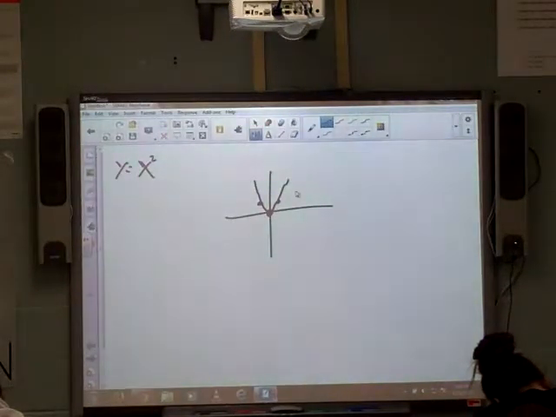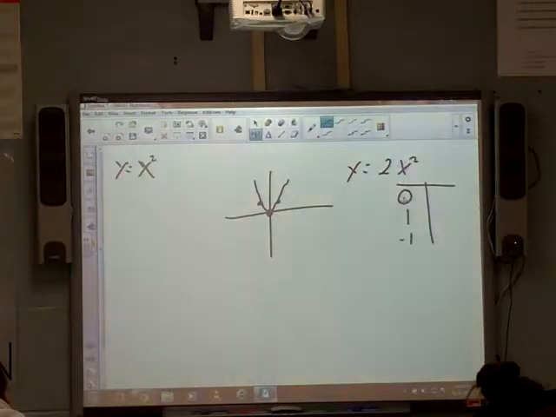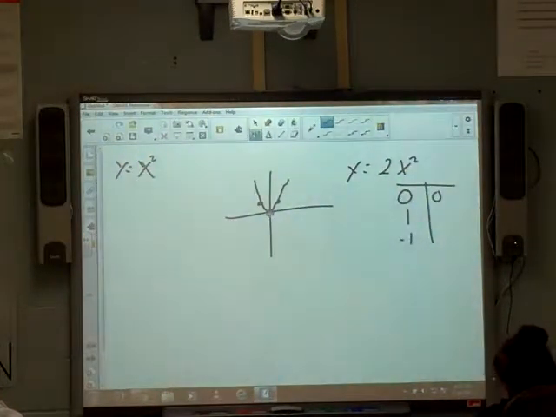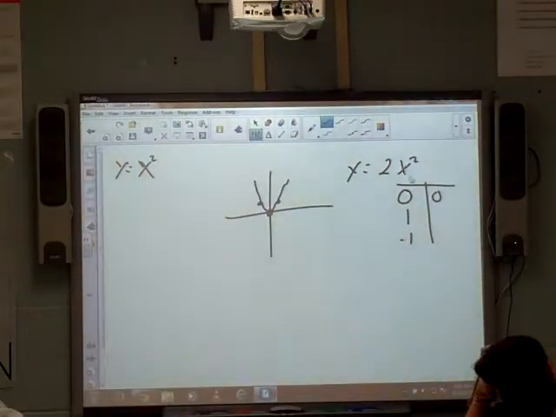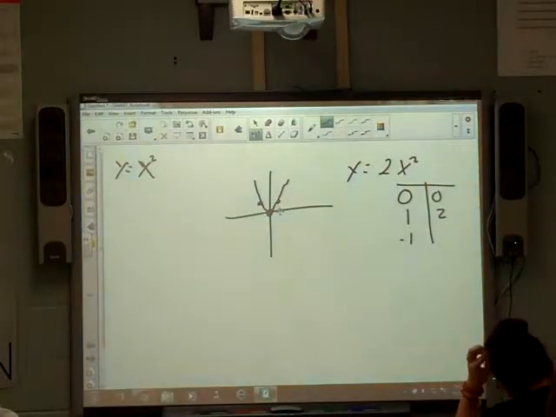Then it says to graph the function they gave you, which was 2x squared. G of x or f of x or whatever, I'm just going to put y. If I plug a 0 in, 0 squared times 2 is 0, so I still have that point at 0, 0, but now these are going to change. 1 squared is 1 times 2 is 2, so where this was over 1 and up 1, now it's over 1 and up 2.